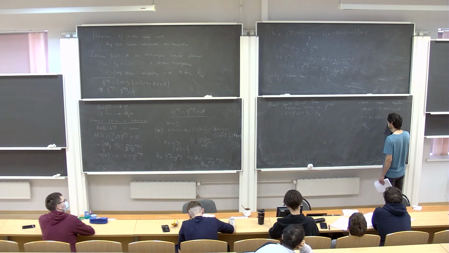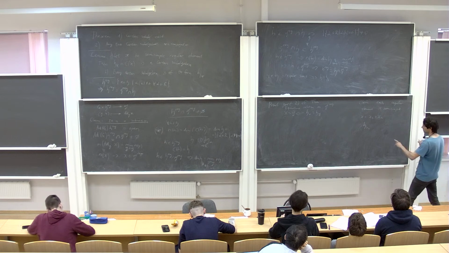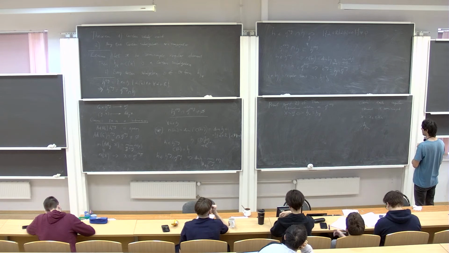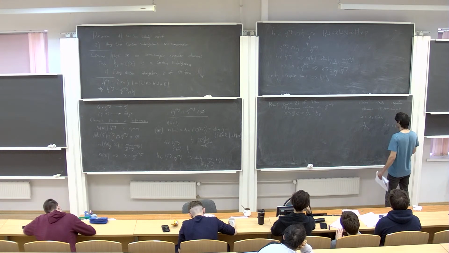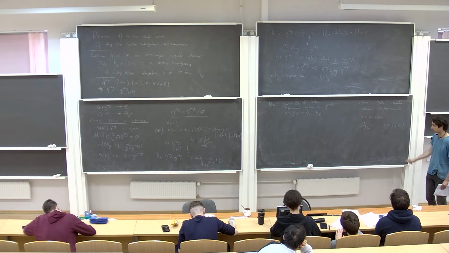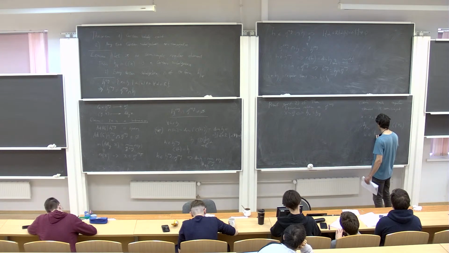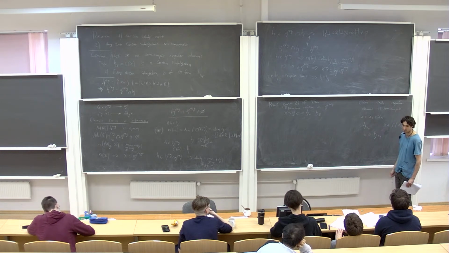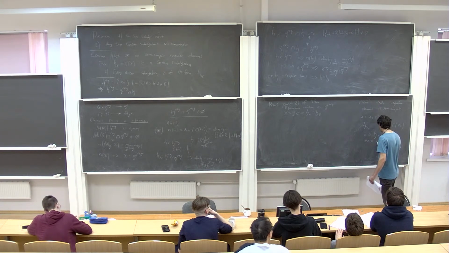I would like to see that x is actually in h_{x_s}. That's for sure, because x is in the centralizer of x_s. So x is inside this Cartan subalgebra, therefore it's semi-simple.